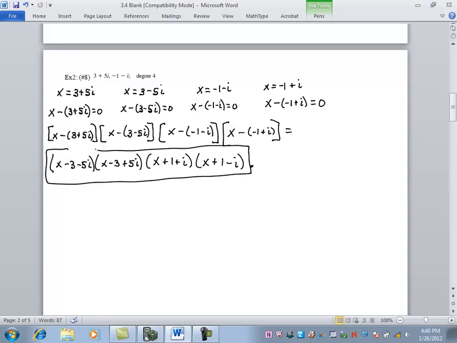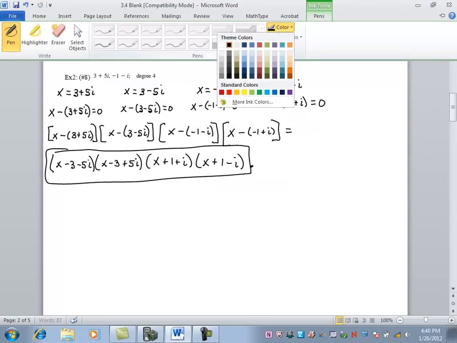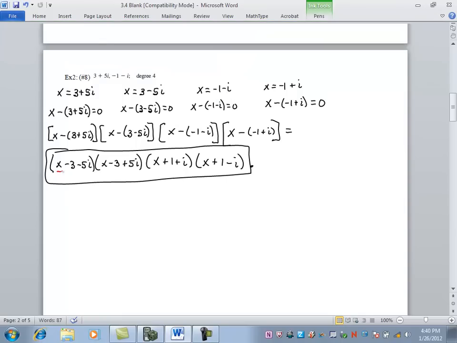Okay, again, I would point out here that if we needed to do something a little bit more with this, once again, let me illustrate here that what we have is a minus b and a plus b. And here we have a plus b and a minus b.